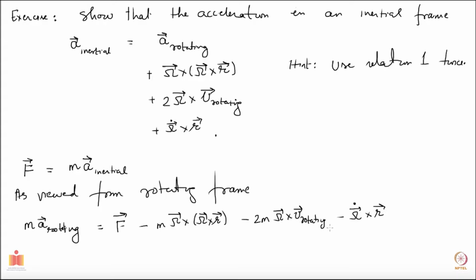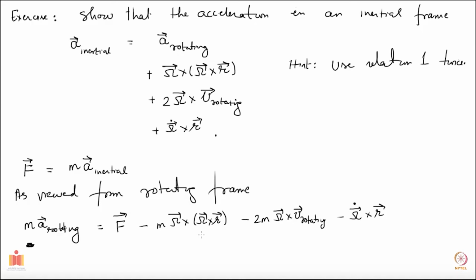So if you are in a frame which is rotating and you look at the acceleration of some object, then it will not match with Newton's law, because whatever sources you will see for the force on this object will not be sufficient to get this piece, because as viewed from the rotating frame there are additional pieces, so you can call them fictitious forces because they do not have any physical origin.